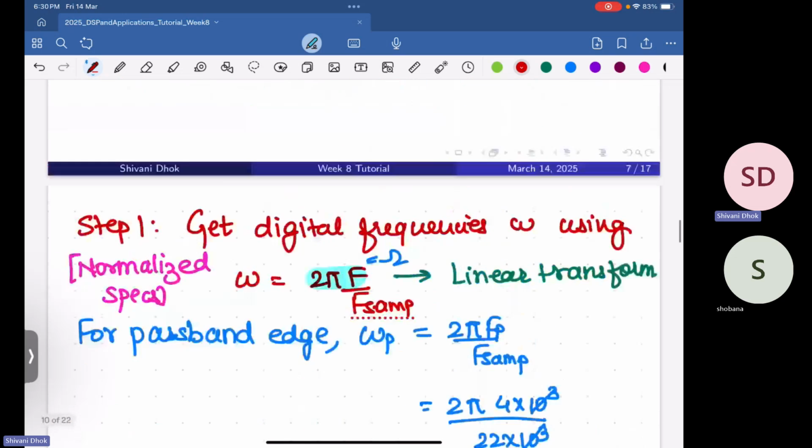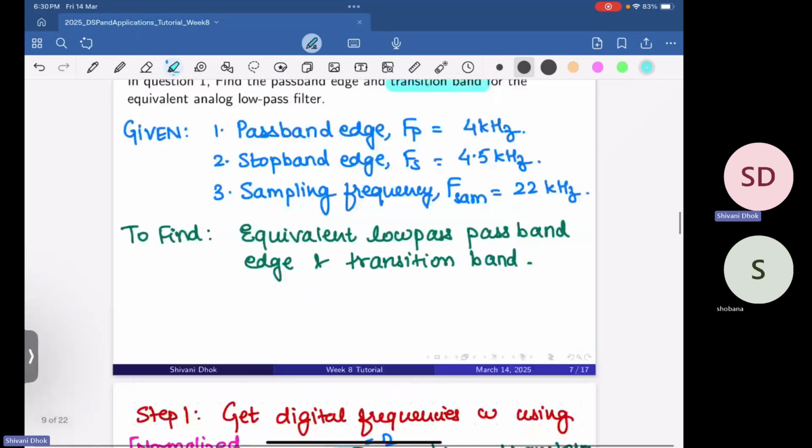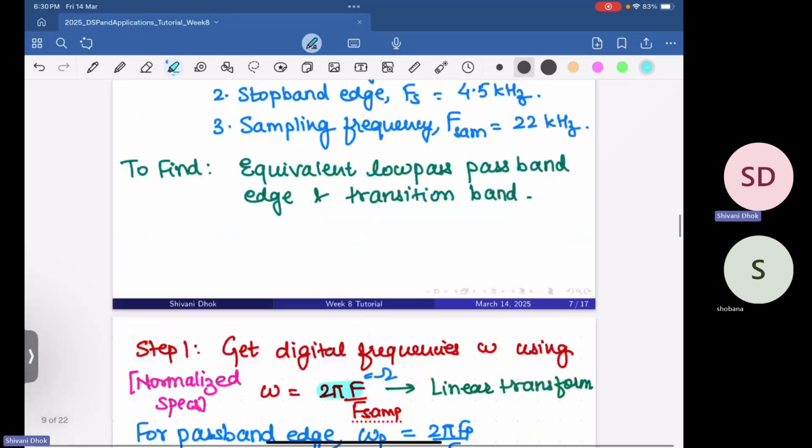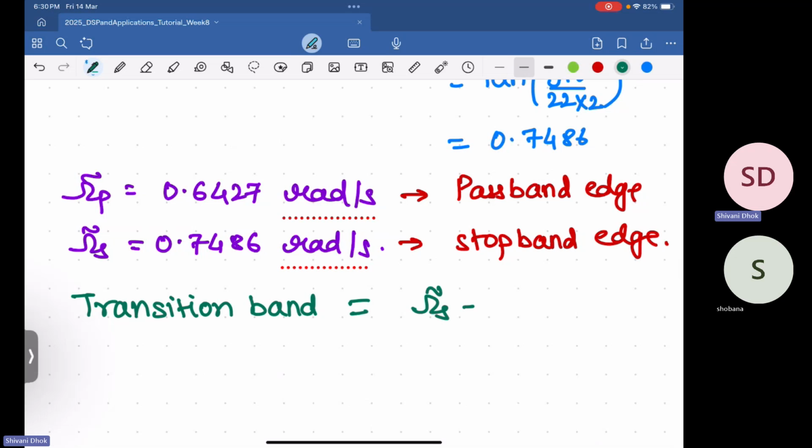But in the question, what is asked? We are asked for the transition band. So how do we find this transition band? The transition band is the range of frequencies over which we change from the pass band to the stop band. So the transition bandwidth will be given by omega s tilde minus omega p tilde for a low pass filter.